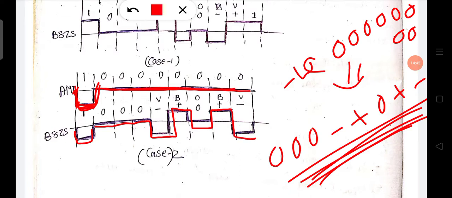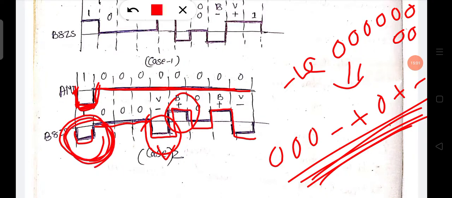And here V, same thing: the previous non-zero polarity is negative, so V is negative, and B is opposite to the previous non-zero polarity, so B is positive. Similarly, B is negative and B is positive.